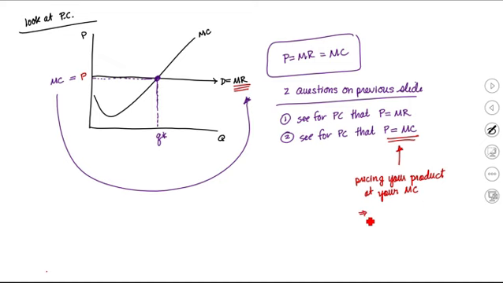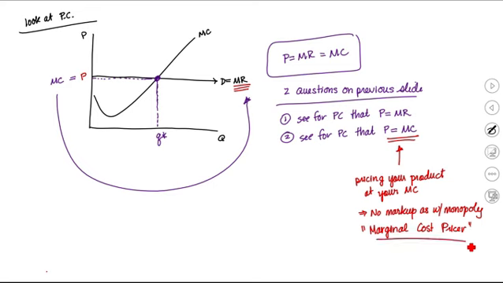No. So there's no markup as within monopoly. All right? We would say the firm is a marginal cost pricer. The firm is a marginal cost pricer in perfect competition.